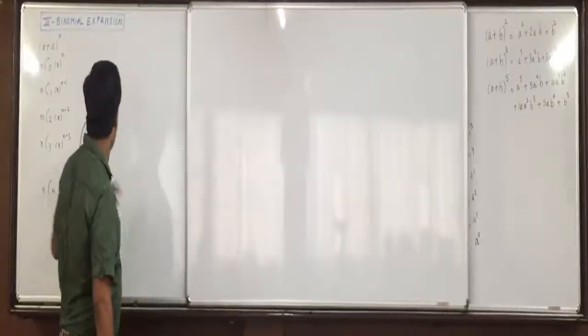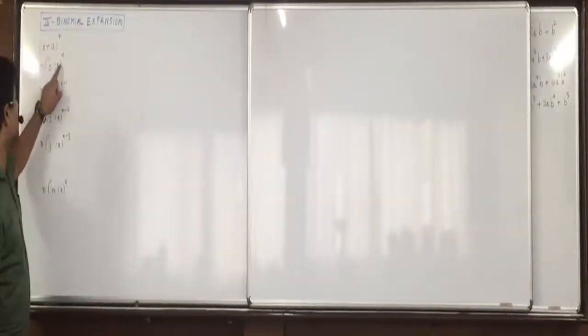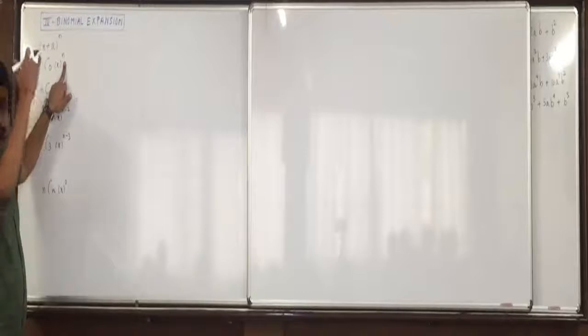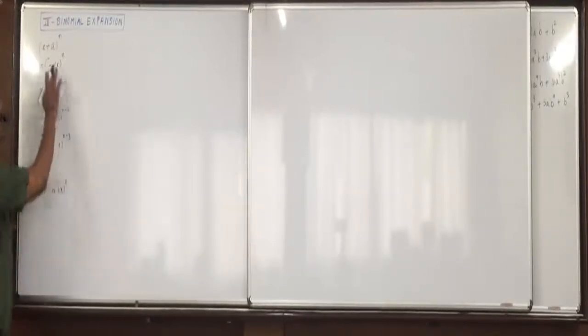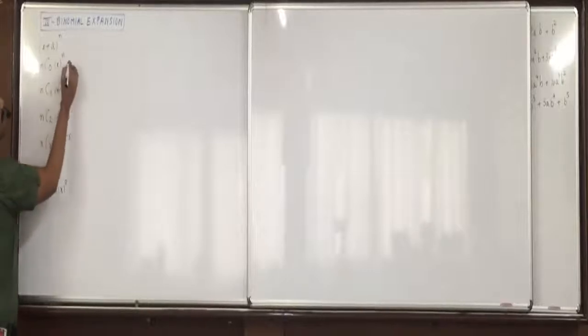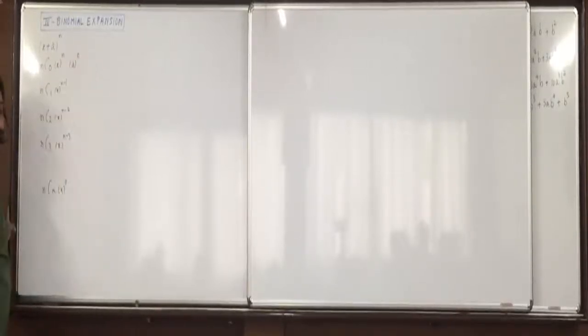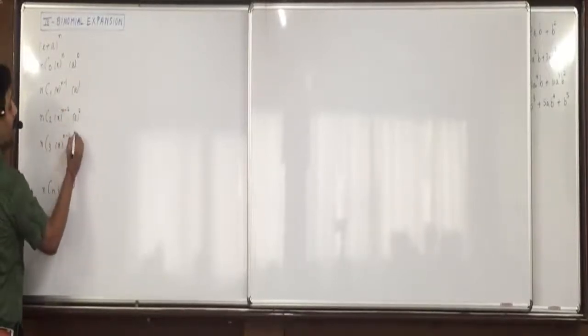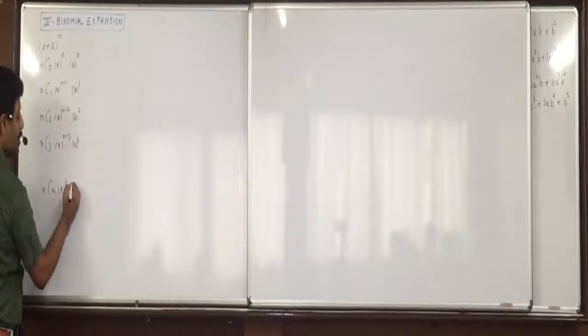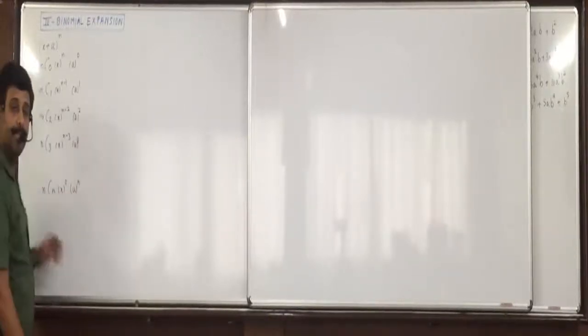So you'll start with the first variable x raised to n and keep on decreasing the power until 0. What is the second variable? Start with a raised to 0 and keep on increasing it up till n: a raised to 1, a raised to 2, a raised to 3, up till a raised to n.